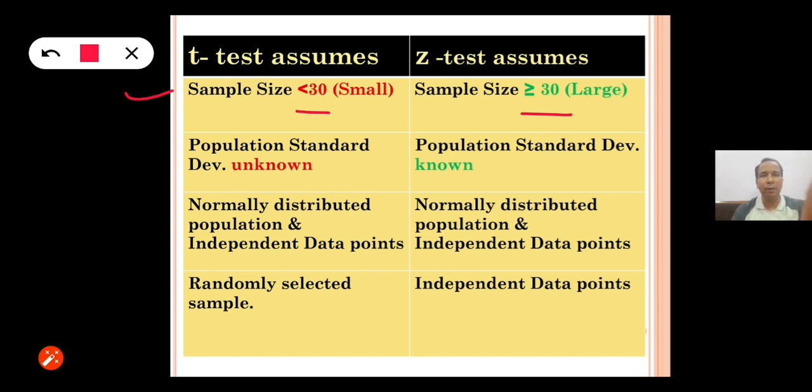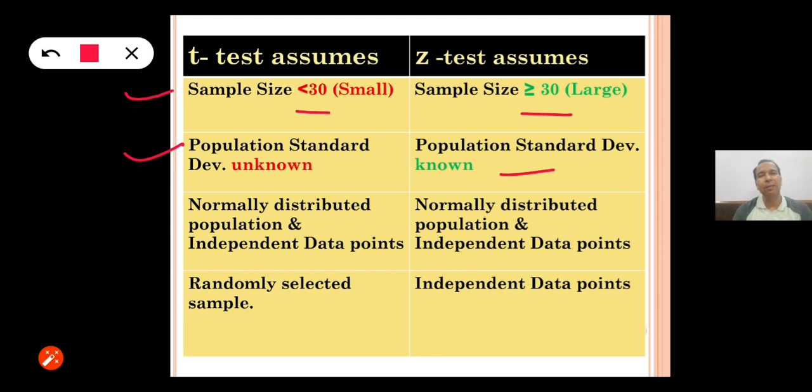Another point worth considering in deciding which test statistic will be applicable is what is given in terms of population standard deviation. If the population standard deviation is unknown, t-test can be performed. But if the population standard deviation is known, z-test can be performed.